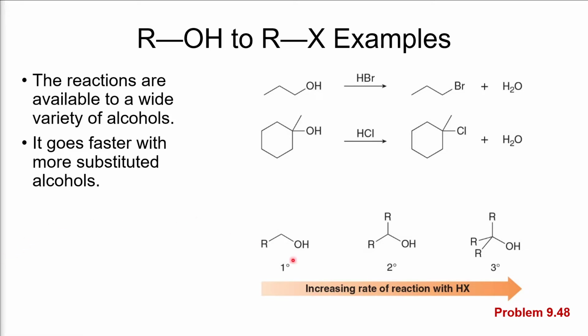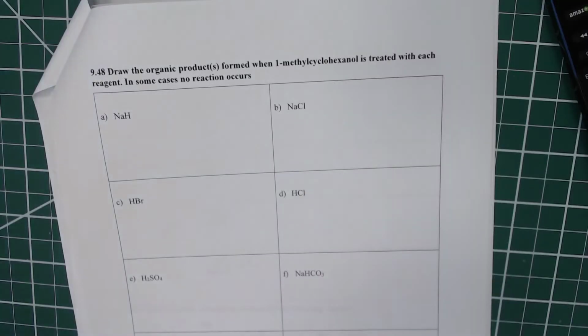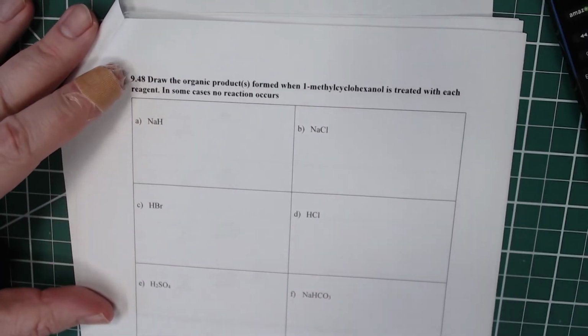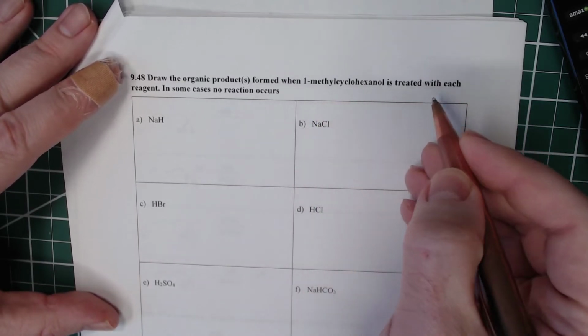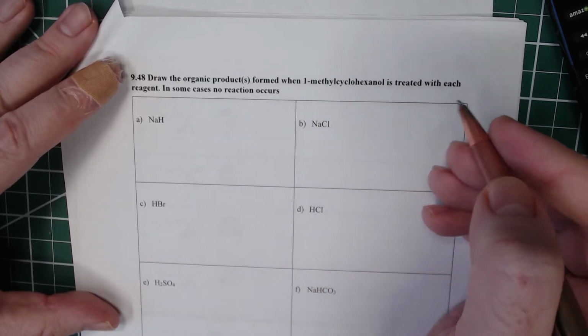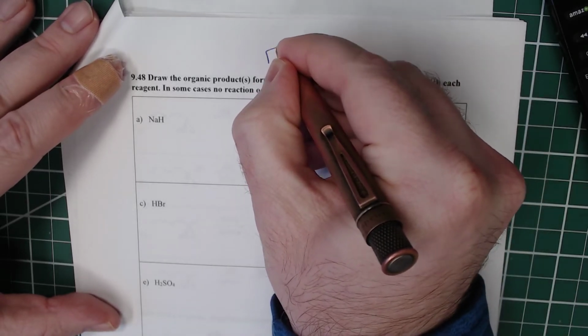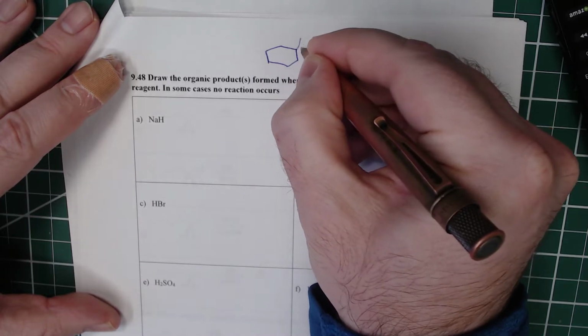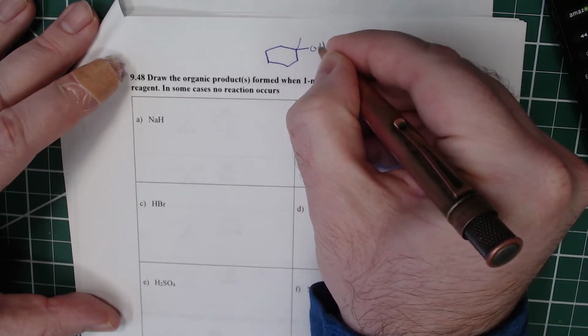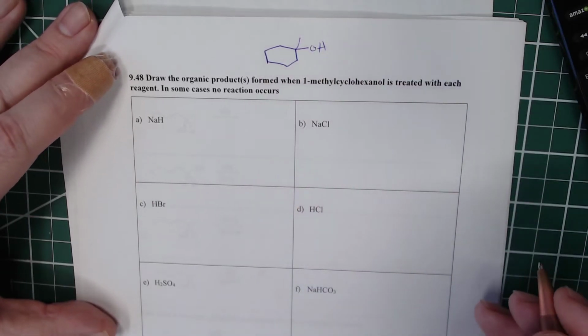All right, so let's look at number 48 on the in-class assignment. This one is pretty straightforward. We'll switch over to our document camera here. So we want to draw the organic product when 1-methyl cyclohexanol is treated with each reagent. And so here our starting material is the 1-methyl cyclohexanol.